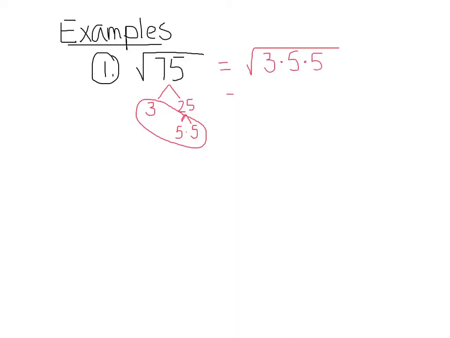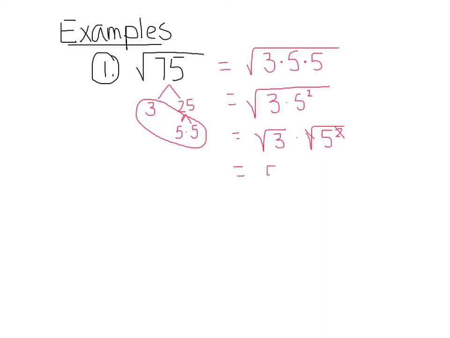In this first example, I'm going to show you exactly what you're doing, and then I'll show you how you can do some of this in your head or before you write down your answer. So this is the same thing as 3 times 5 squared, and if you remember, you can take the square root of 5 squared because that's going to cancel out the exponent of 2. So we have the square root of 3 times the square root of 5 squared, but the square root of 5 squared is just 5.